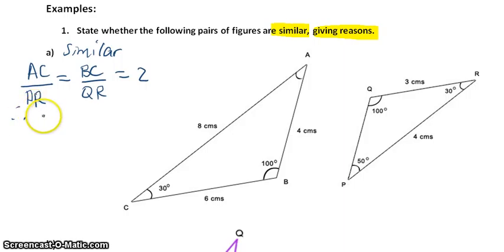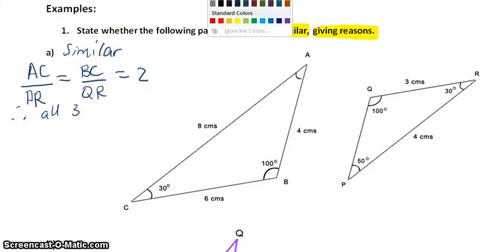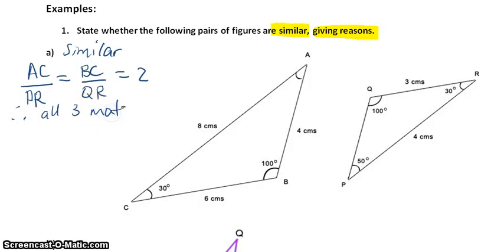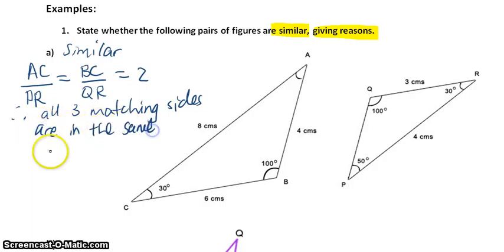Therefore, all three matching sides are in the same ratio. So that's really important. And because I've shown that all three sides are in the same ratio, I've proved that they're similar.